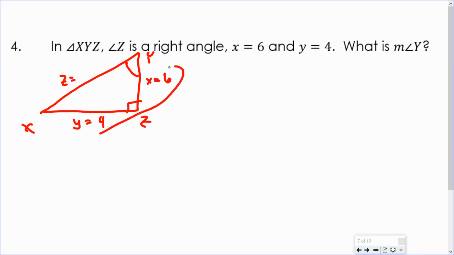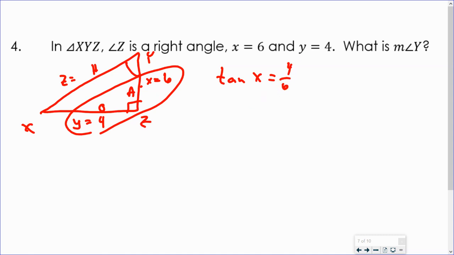Well, these two sides that I'm given are, let's see here, this is the opposite, the adjacent, and the hypotenuse. So those two sides are going to be part of the tangent. So the tangent of X is equal to, let's see here, opposite over the adjacent side.